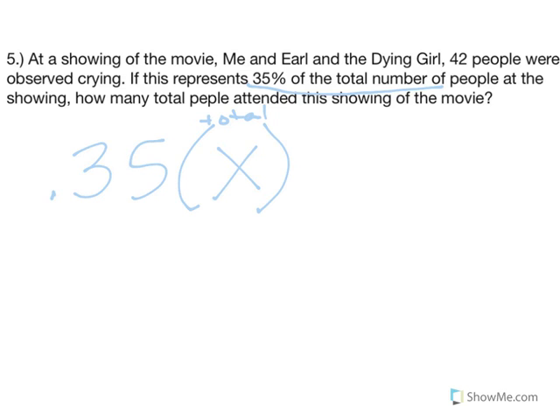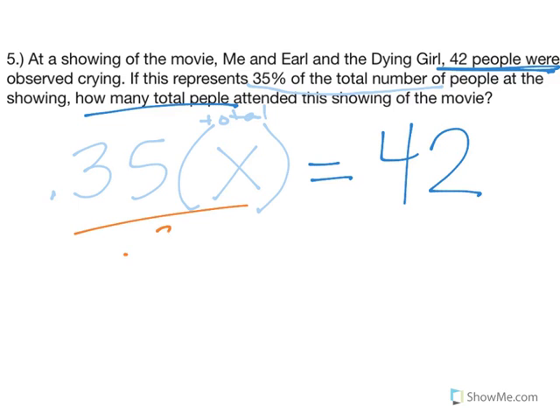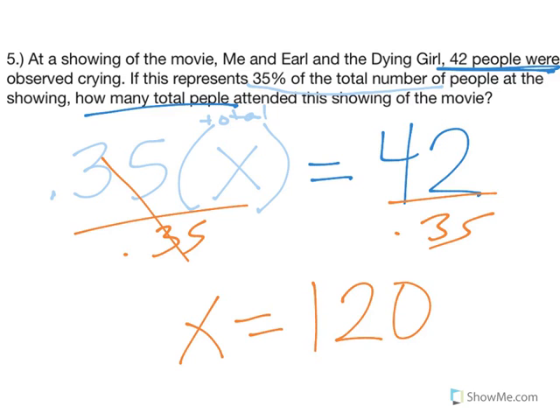Me neither, because that's what the question is. How many total people attended? But 35% of the total were observed crying, and that's 42. This would be a whole lot easier with proportions, I think, but I want to show you both ways. So if we divide by 0.35, once you set up the equation, the solving is just what we've been doing, and you would get 120 people.